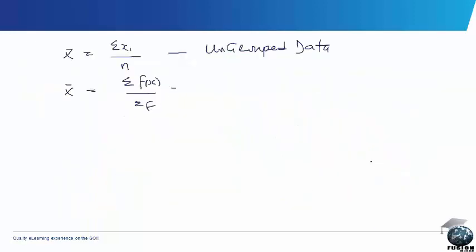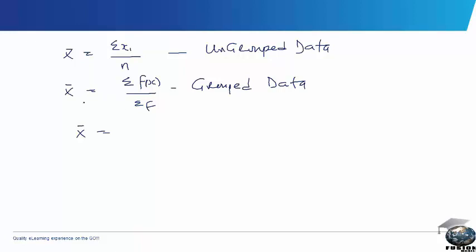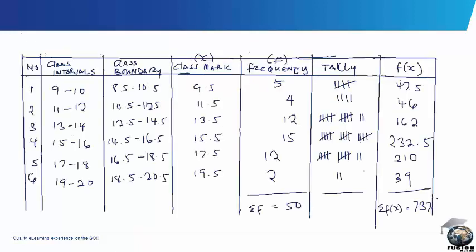And so this is for grouped data. The mean x bar for the grouped data we've illustrated is equal to summation fx over summation f, where summation fx from the table is equal to 737, and summation f is equal to 50.